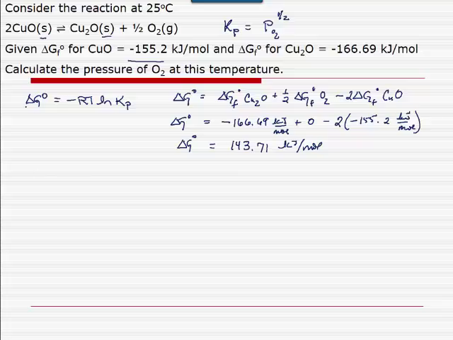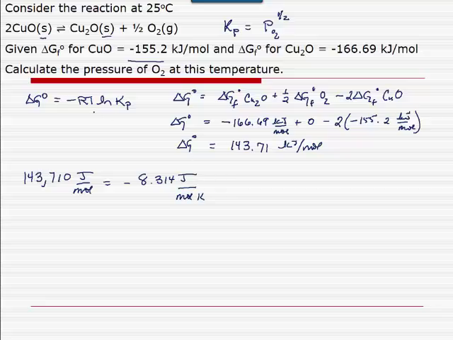I have a value for delta G standard of 143.71 kilojoules per mole. I'm going to go ahead and do that in joules. So that would be 143,710 joules per mole. And the reason I want it that way is because I know my R in joules, 8.314 joules per mole Kelvin.